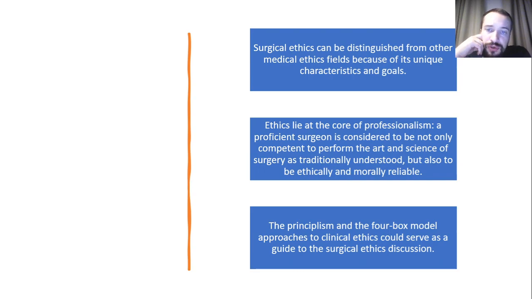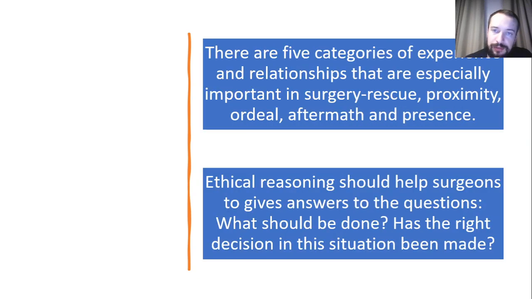A proficient surgeon is considered to be not only competent to perform the art and science of surgery as traditionally understood, but also to be ethically and morally reliable. The principlism and the four-box model approach to clinical ethics could serve as a guide to the surgical ethics discussion.